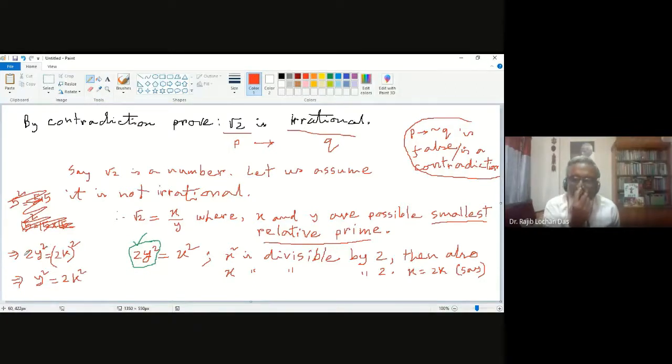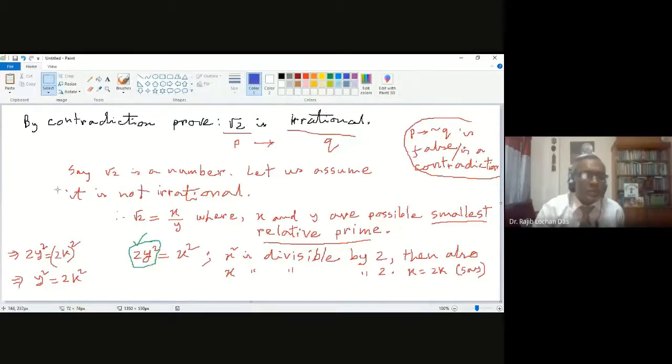Okay, 2 and 2 cancel, so another 2 is on the right side. So it is again in the same situation, that is y square equal to 2k square. So again you can say this is divisible by 2, so y is divisible by 2.